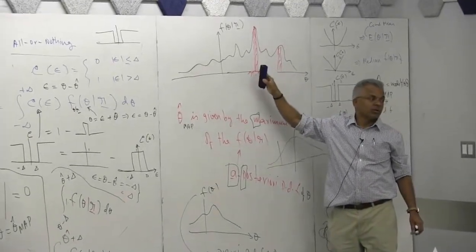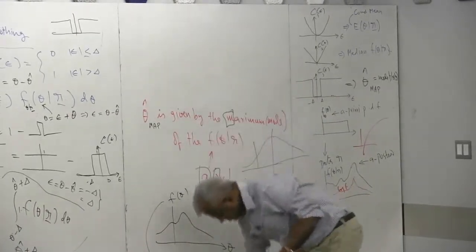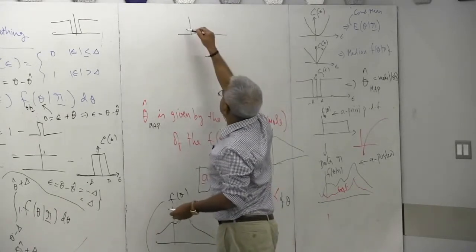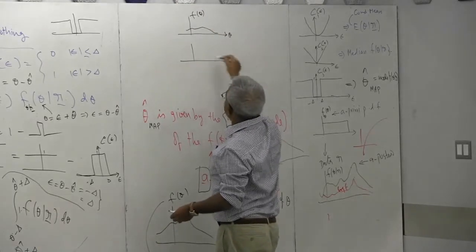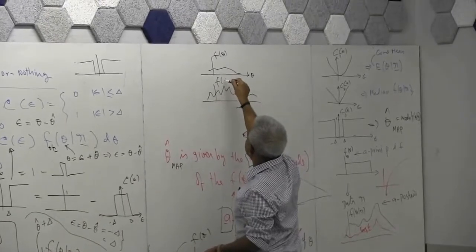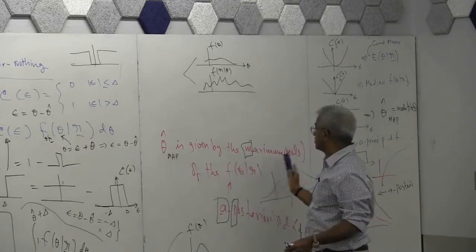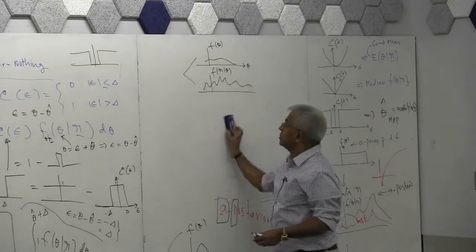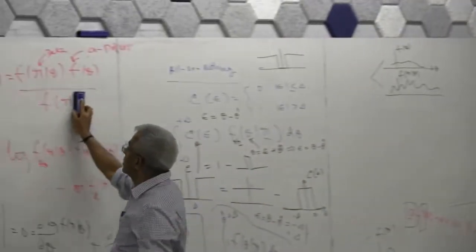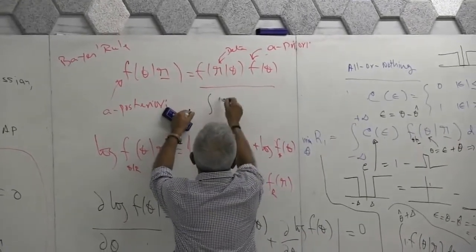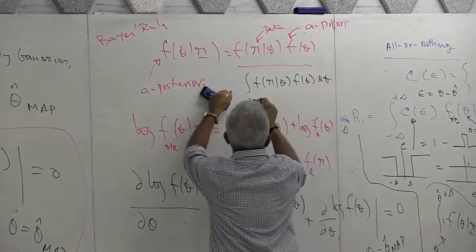So the summary is like this. Initially you may have some density function for theta. Then data comes in, you have another density function of r given theta. We want to use this and the Bayes rule, because look here, how do you find f of r? f of r is the same as f of r given theta multiplied by f of theta, d theta, right?